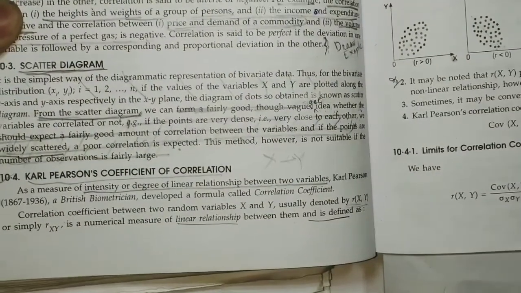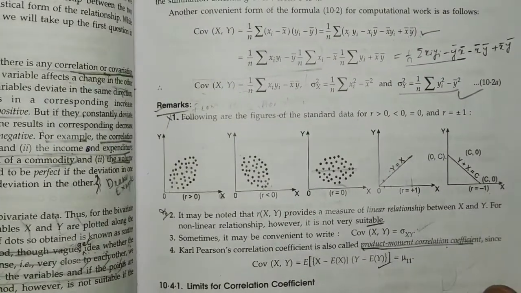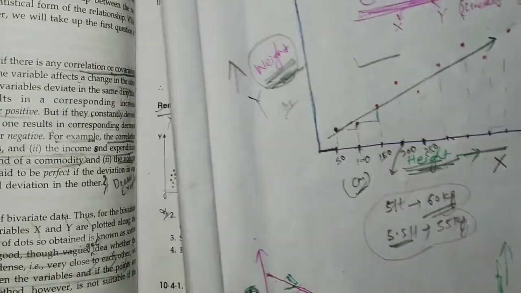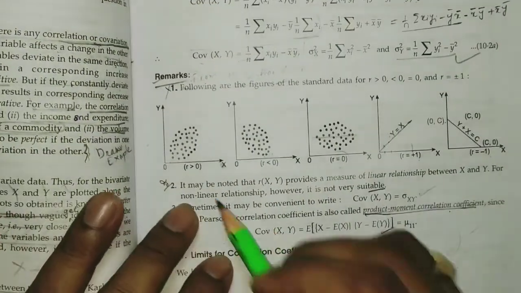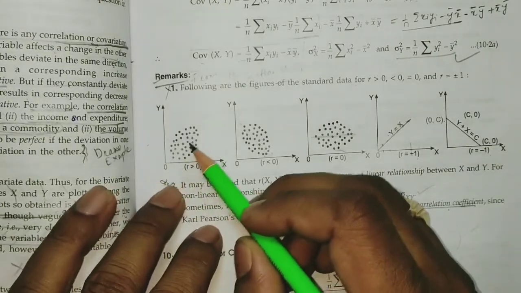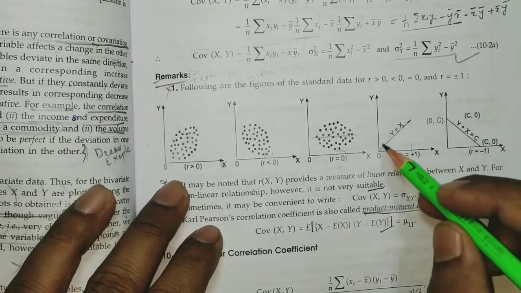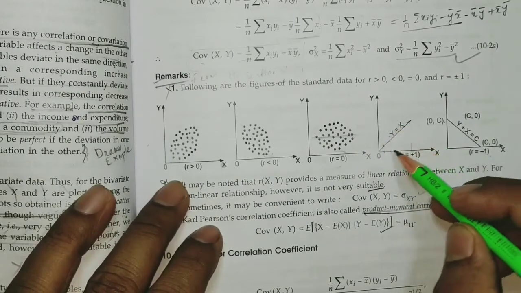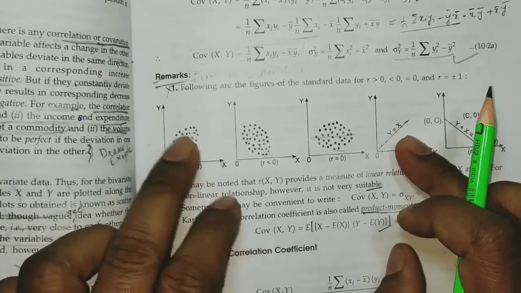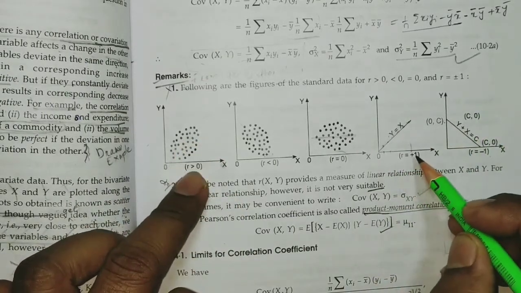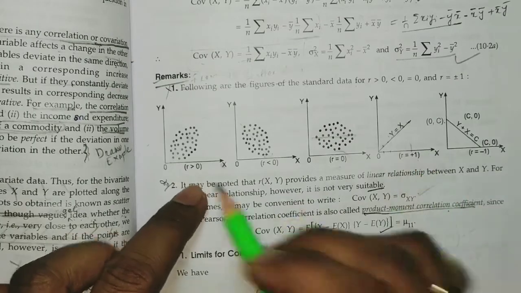And the degree of correlation, as we discussed in our last class. Here you can see that this is positively correlated and this one is also positively correlated, but the degree of positive correlation of this one is larger, that means r equal to plus 1, the highest as compared to this one.